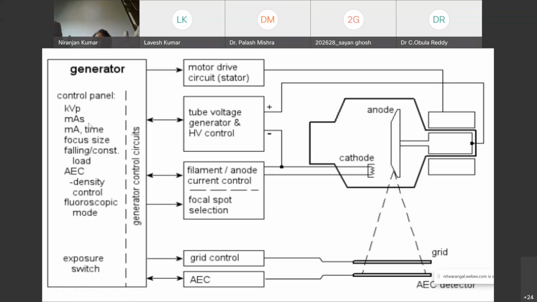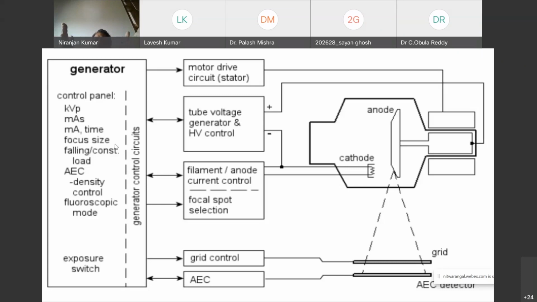How much X-ray is generated in quantity is proportional to how much mA is flowing between cathode and anode over time, so it is called mAs, or mA times time. Then focus size, which I just explained. Then any contrast load. Then fluoroscopic, which is like multiple pictures, like a movie, it is scopic, right?